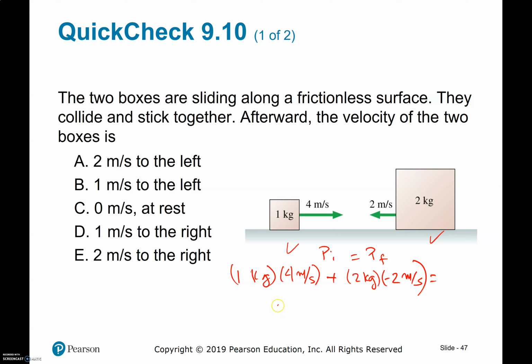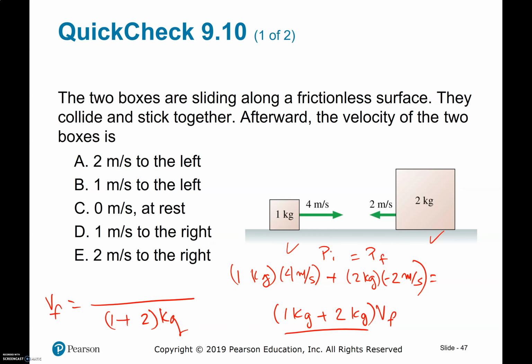What is the final momentum? Well, it's the combined mass, which is 1 kilogram plus 2 kilograms, times a final velocity. And now we can solve for the final velocity. We're going to get that the final velocity is equal to 1 plus 2 kilograms at the bottom, this quantity.